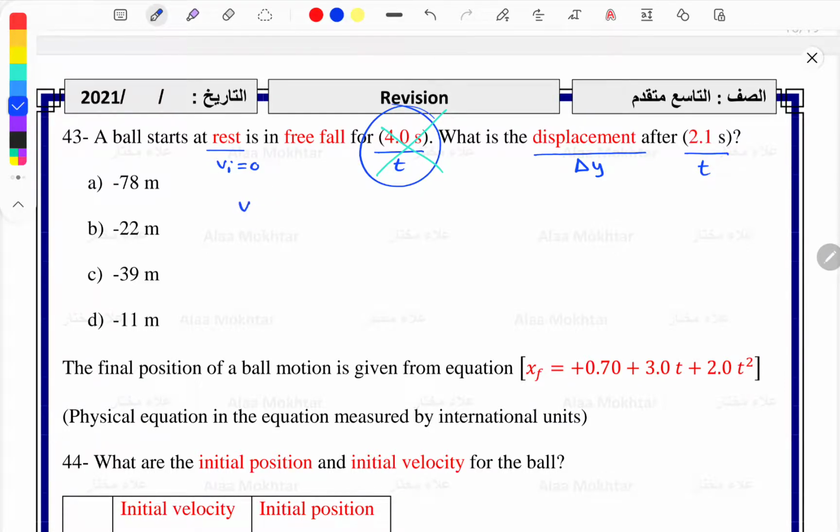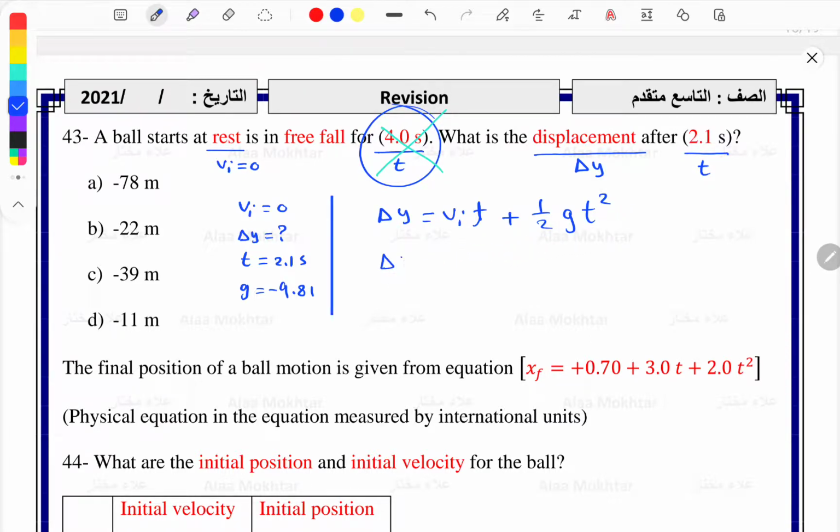So the given is V initial equals 0. Delta y, we are asked about it. Time is 2.1 seconds. g is negative 9.81. The same equation, we write it from the start. Delta y equals V initial times t plus 1/2 g t squared.